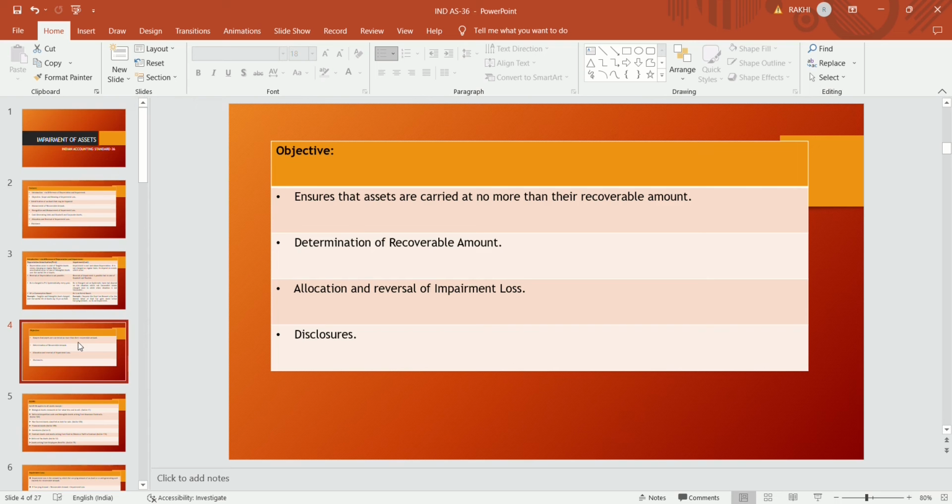We will discuss fair value less cost to sell in detail and also value in use in detail with examples in a later part, and how the company will allocate and reverse the impairment loss.